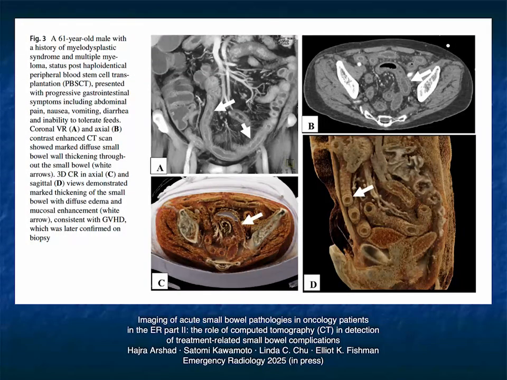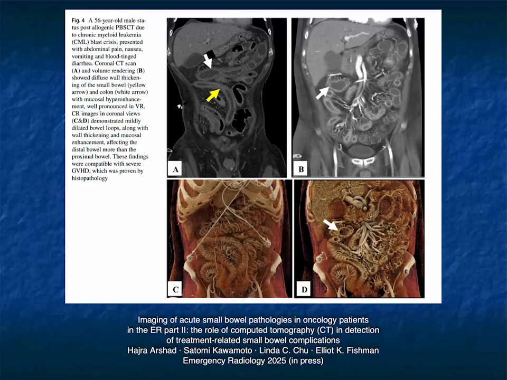And here's just a couple of good examples. When you have graft versus host disease, typically you have long segments of bowel involved that are thickened, with prominent mucosal enhancement. Really, when you see it in cross-section, you have that kind of ring sign, very nicely shown. Here's another example, a patient with CML and blast crisis with abdominal pain.